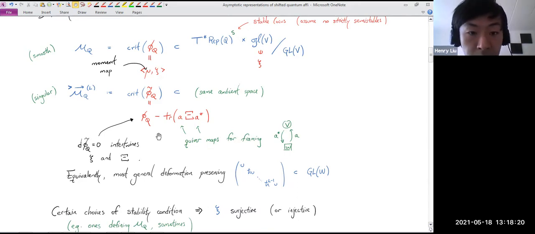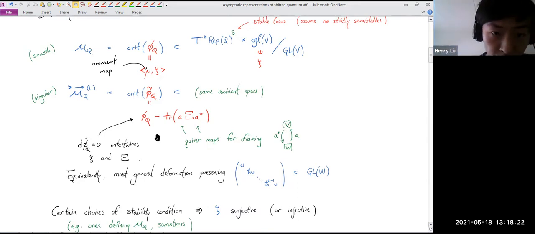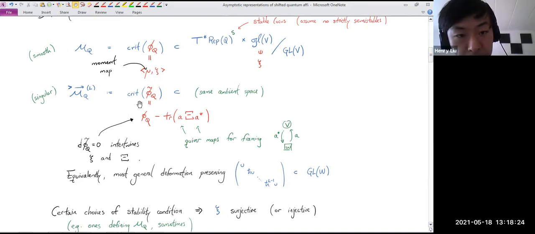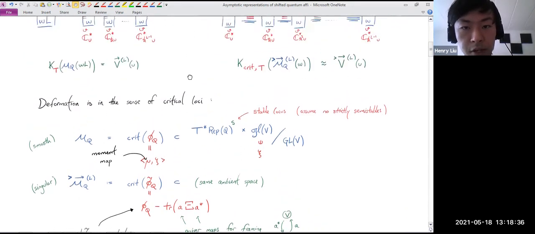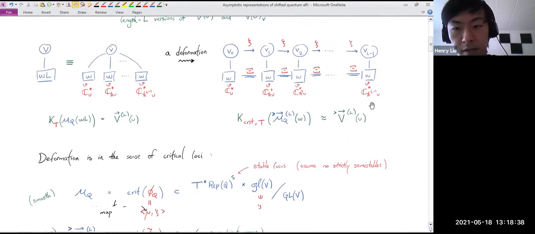Okay. But regardless of how you want to view it, the net result is that if you take the critical locus of this perturbed function in the exact same ambient space, you will get a moduli of quiver representations which form flags exactly like this.